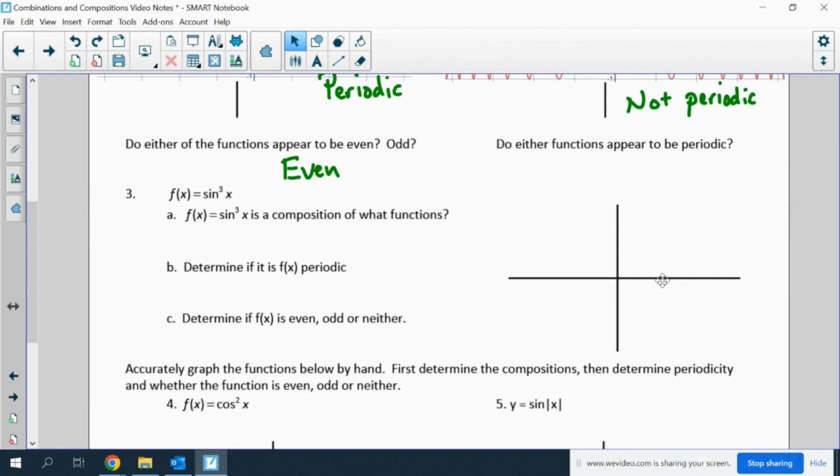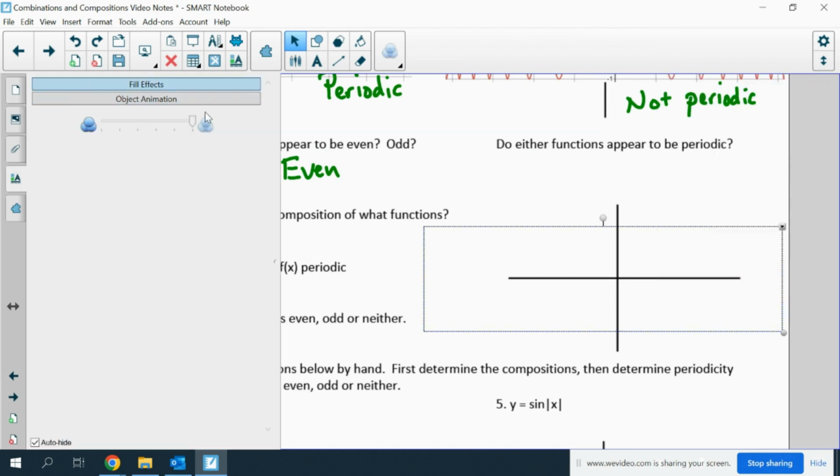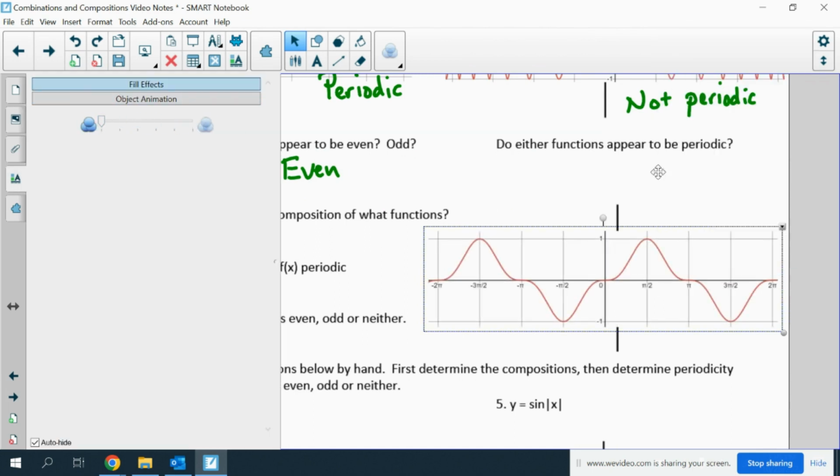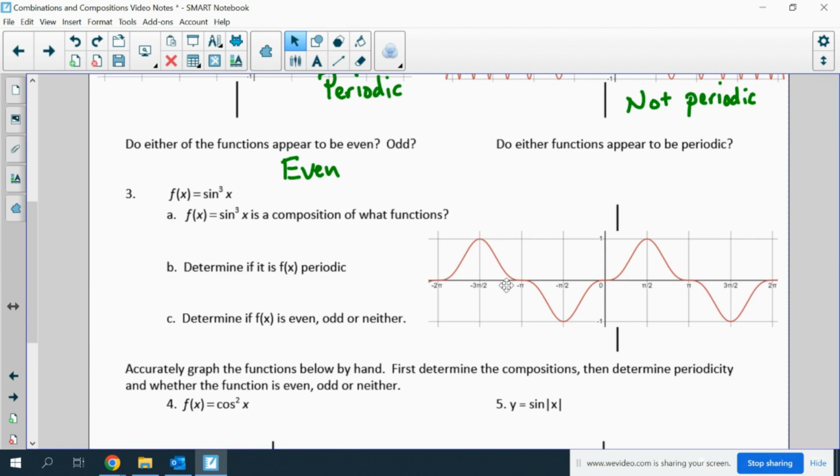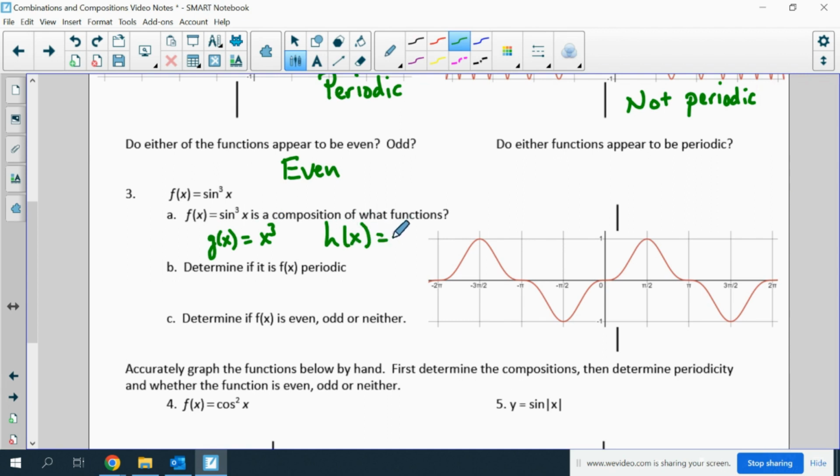What about y equals sine cubed of x? If we show that graph, we end up with something that looks really cool, right? It is a composition of the functions g of x equals x cubed and h of x equals sine. And so the first thing that's happening is the sine, right?